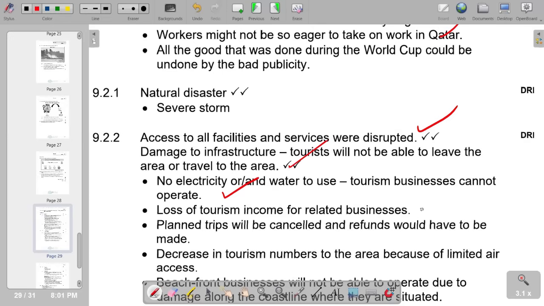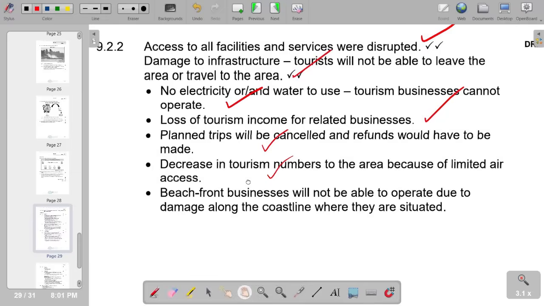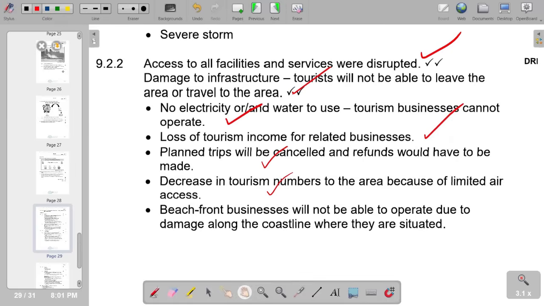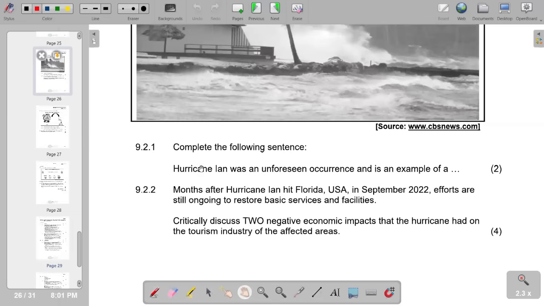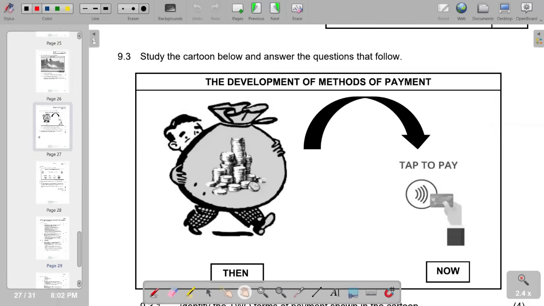Loss of tourism income for related businesses, and also further points that are also correct. Then moving on to the next part, we have answered on 9.2.2, that is on two negative economic impacts that the hurricane had on the tourism industry. So we move on to the next part, which is 10.3.